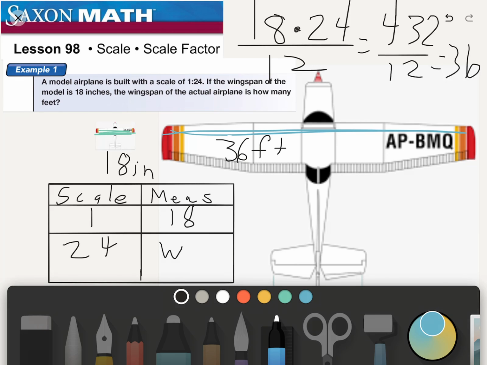So we can do a little bit of cross multiplying with this, and essentially get to the same conclusion.